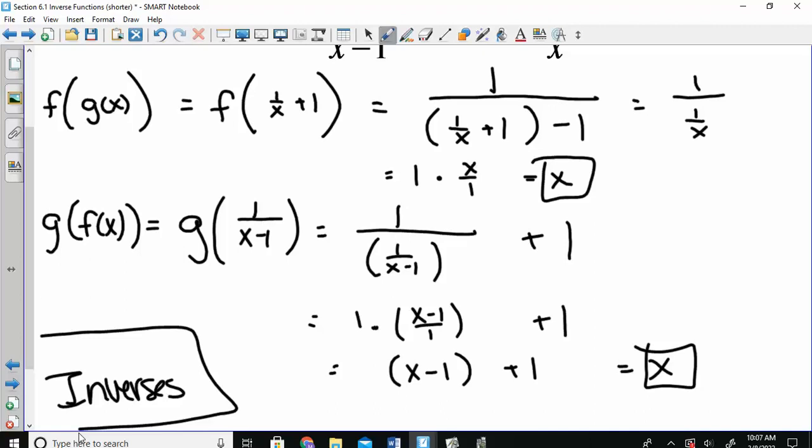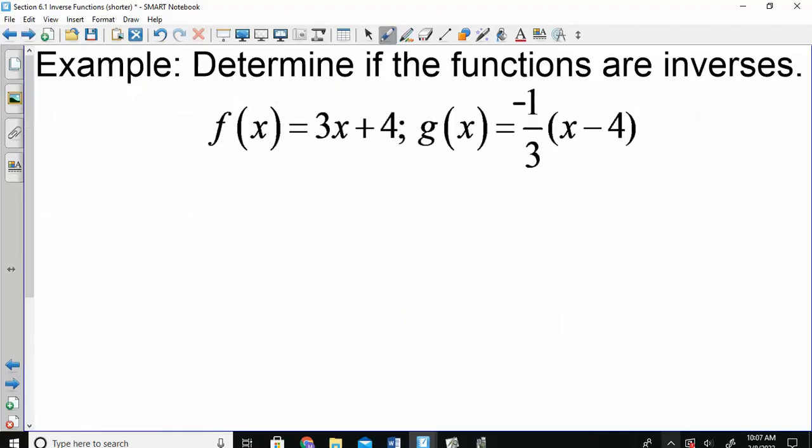Why don't you guys try the next one for me? Did you say we just want to get x all the time? If they're inverses, both have to equal x. If one of them doesn't, then you can stop and say they're not inverses.